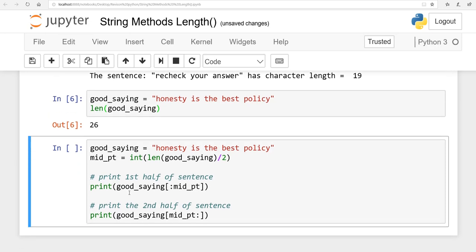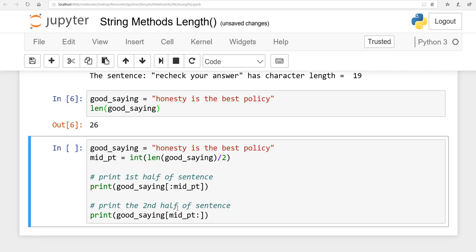So in the next example, here I say good_saying, honesty is the best policy. Midpoint: see, int of length, because 26 divided by 2 is equal to 13, and 13 is an integer. That is why I have made a casting here. Integer length of good_string divided by 2 means divide this sentence or string in two parts. Print good_string till midpoint.